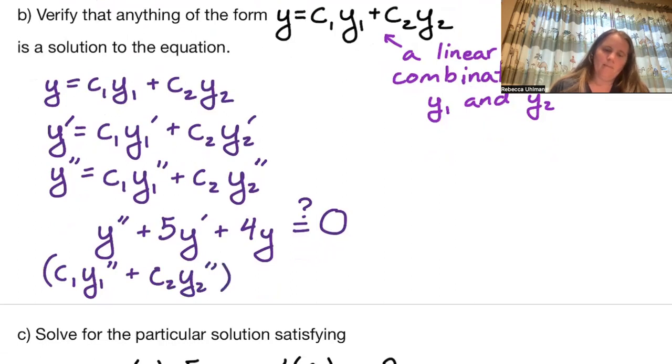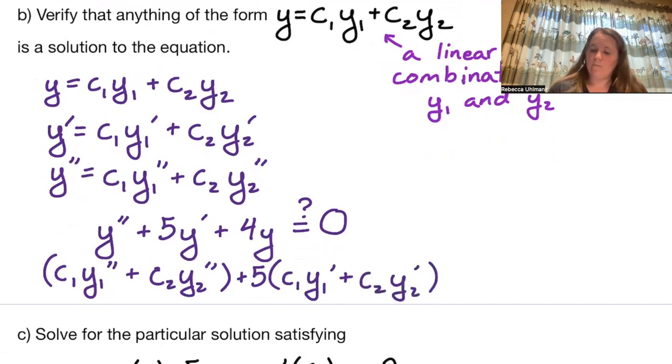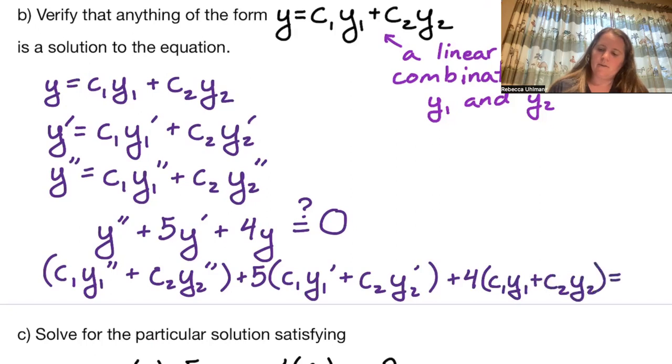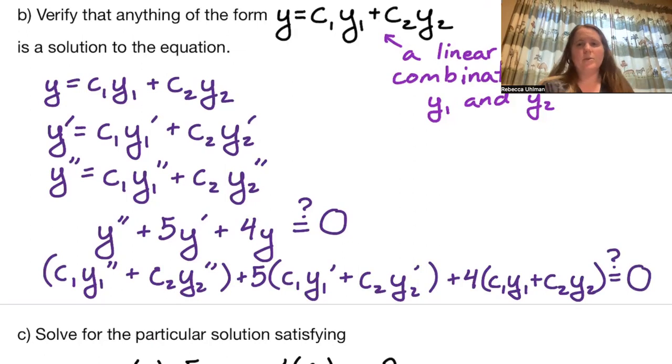That's y double prime. Then we have plus 5 times c1 y1 prime plus c2 y2 prime. That's y prime. And then we have plus 4 times c1 y1 plus c2 y2. And we want to know, is this equal to 0?